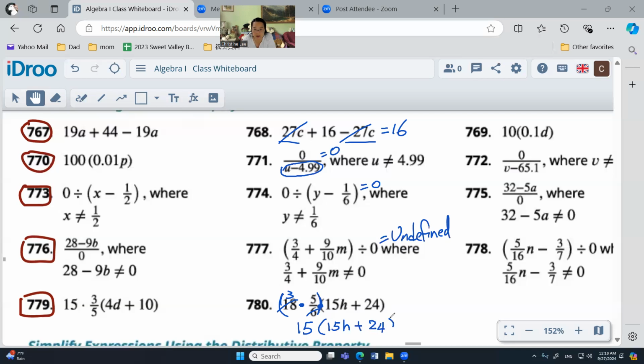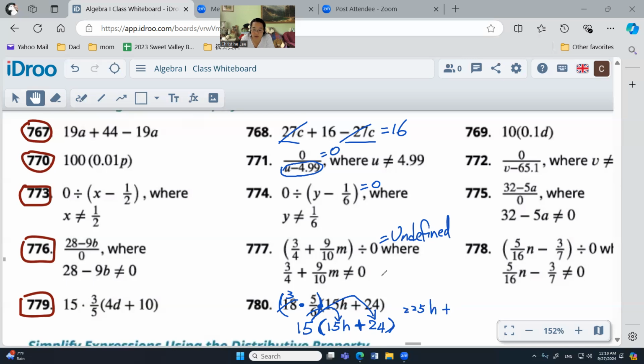Now it's another thing called distributive. You distribute whatever is in front of the parentheses to the first term, and then plus, this is the second term. You need to multiply by each term. Okay, so 15 times 15h is 225h.